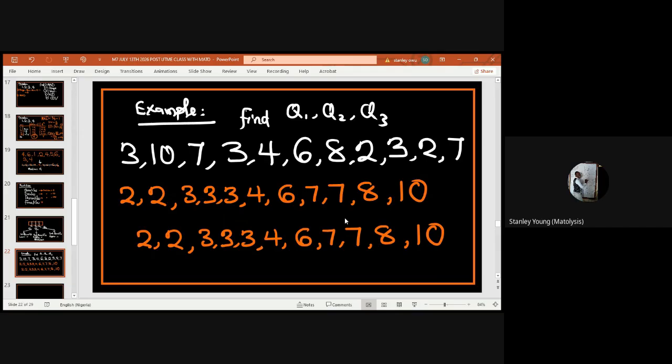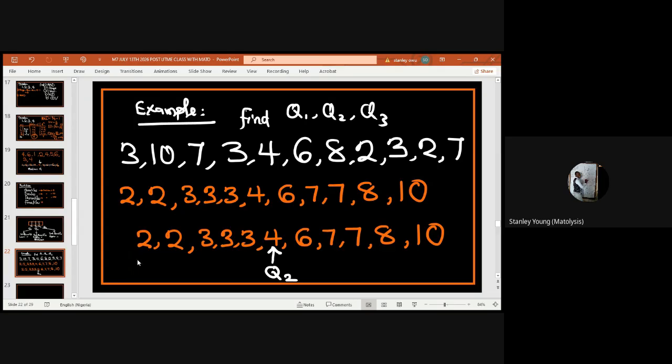In this case, the center number is 4. How do we know that? You can easily cancel a certain number of entities. If I cancel 5 to the left, I cancel 5 to the right, I'll be left with 4. So the middle number here is going to be my median, and that's my Q2.